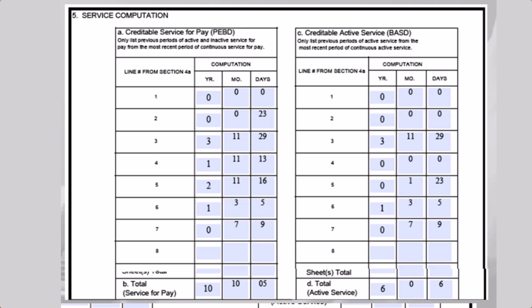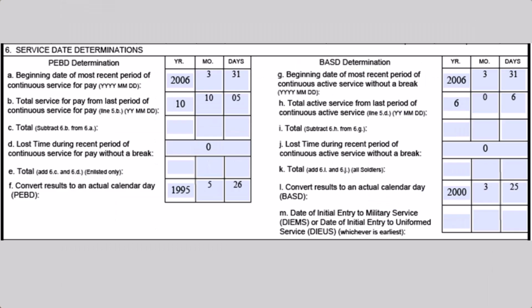And then we use these totals of service for pay and active service to determine the related service dates. 6A and 6G are the beginning date to the most recent period of service. You take the totals from 5B and 5D. Then you convert these results into a calendar date by subtracting the total service from that date. And it's just as easy as pie.